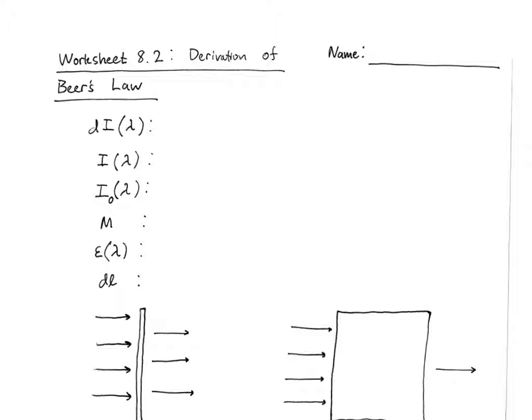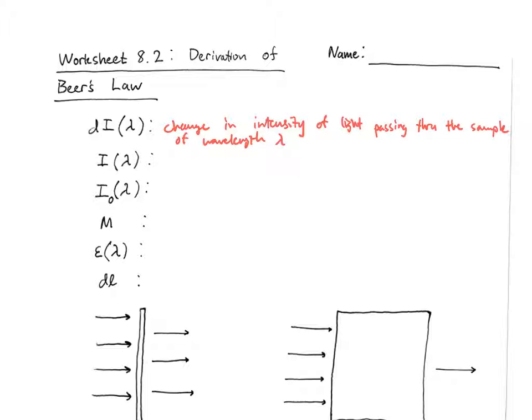So let's begin. Okay, first we should define all of our terms. This dI lambda is the change in intensity of light passing through the sample. And then I lambda, actually to be more specific, we should say of wavelength lambda.